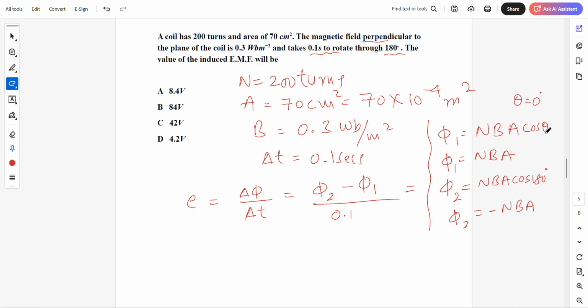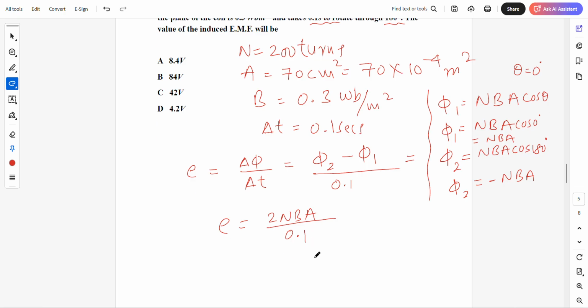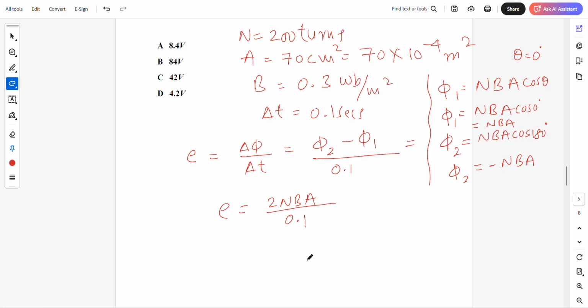Since theta is 0 here, cos of 0 degree is NBA itself. In the second case, it is minus of NBA. What is the change in the flux? The change in the flux will be 2NBA divided by 0.1, because we are taking the magnitude here.